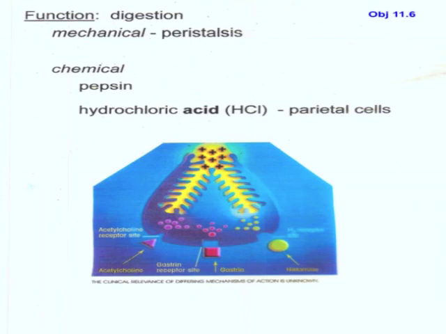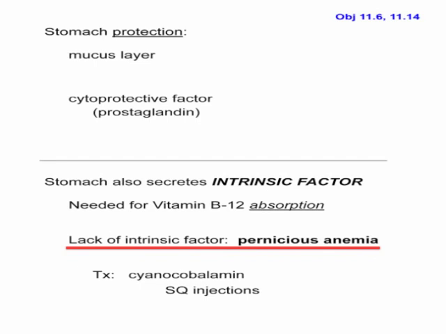Acid is released from the parietal cells due to acetylcholine, gastrin, and histamine, which interacts with the histamine 2 receptor. Since the stomach is constantly surrounded by acid, the stomach needs some form of protection. The protection comes in the form of a mucus layer.